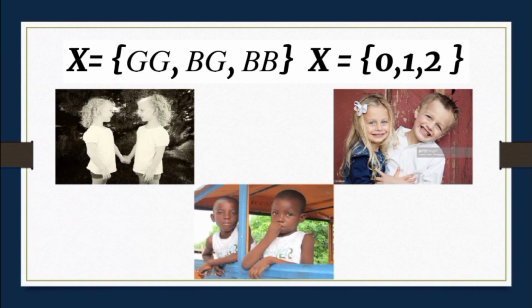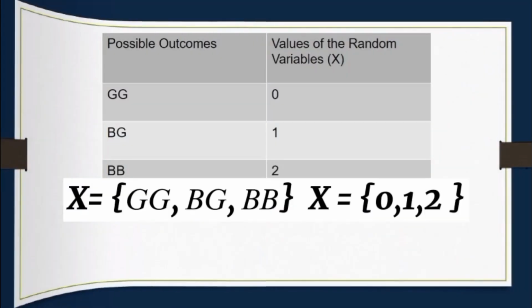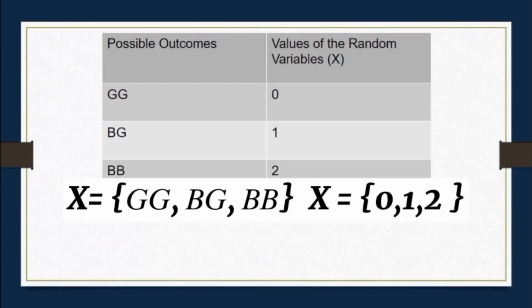By just looking at the picture, the possible outcomes are girl-girl, girl-boy, boy-girl, boy-boy. We know that the sex of a baby is determined by chance. We can associate numbers to each sex: 1 can be boy and 0 can be girl. In this situation, the sample space contains outcomes of 0, 1, and 2.